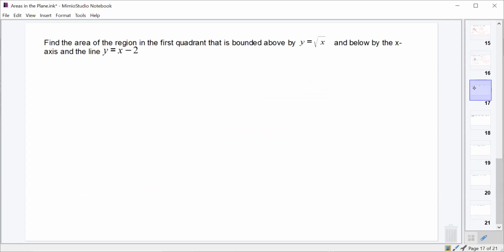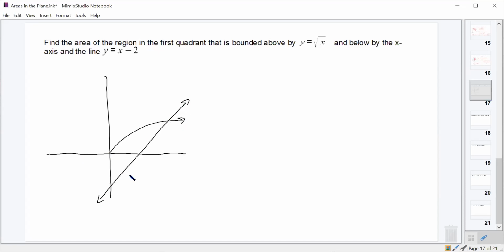Let's just do one more. This will be the last problem we do today. We've got the area of the region in the first quadrant bounded by root x and y equals x minus 2.